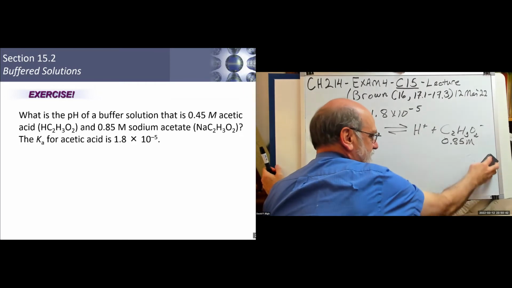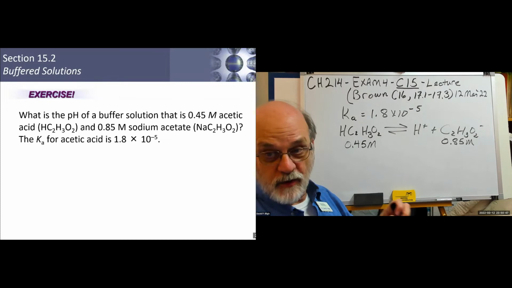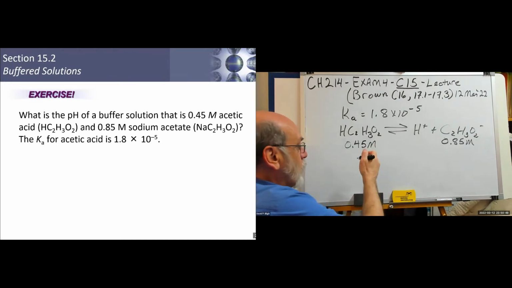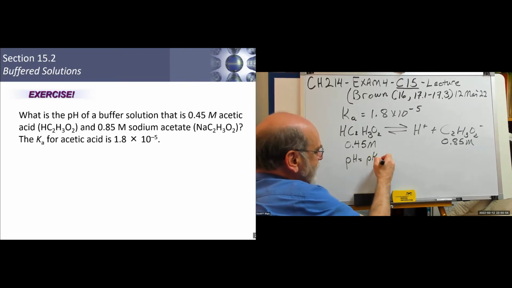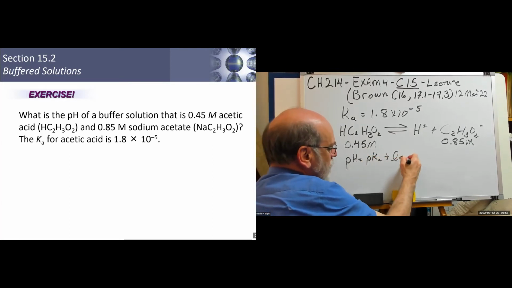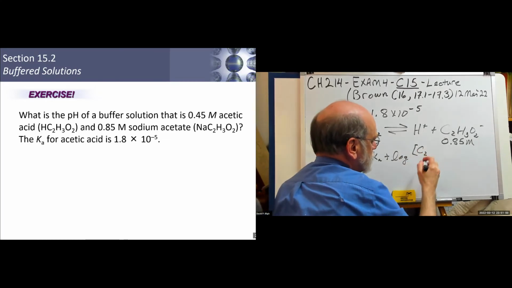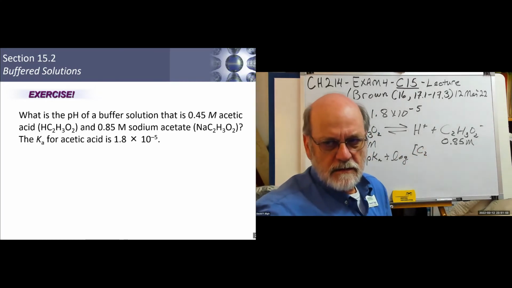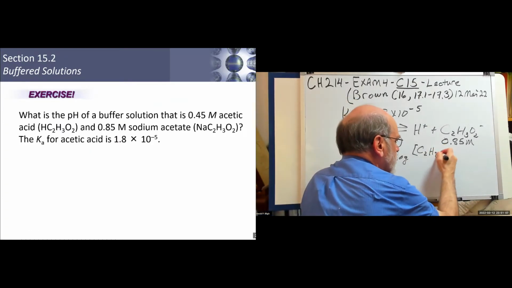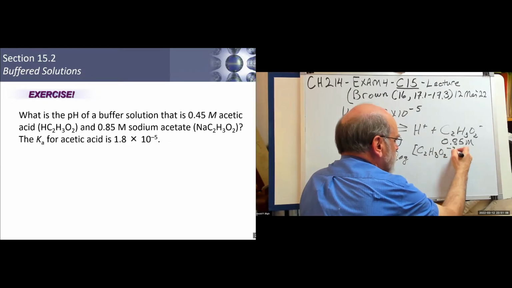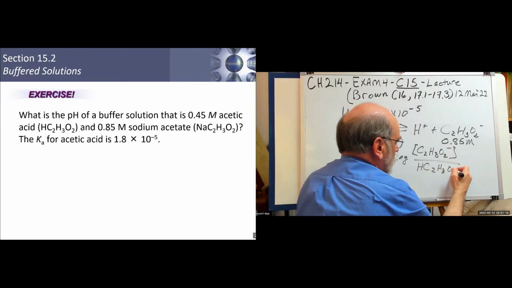Now, how does that help us with our calculations? It helps because we know this: pH equals pKa plus log of C2H3O2 minus divided by HC2H3O2.